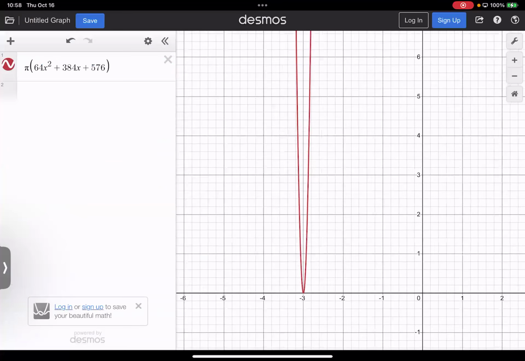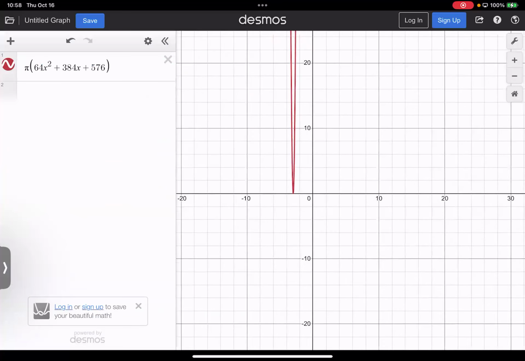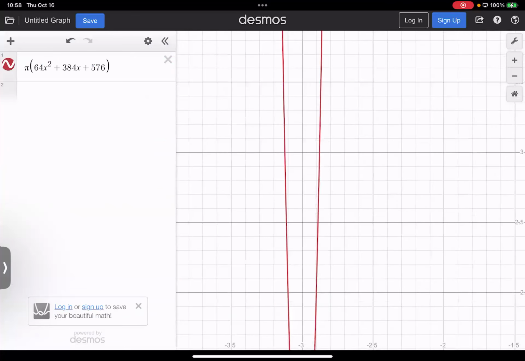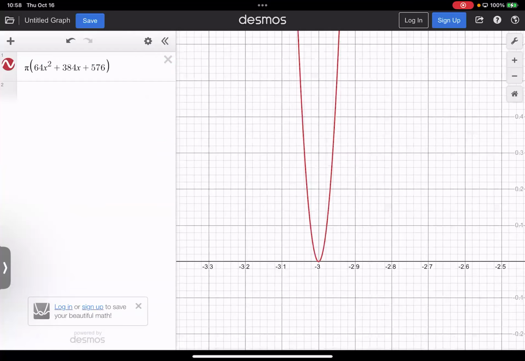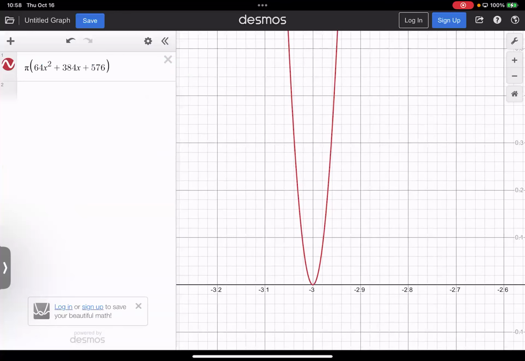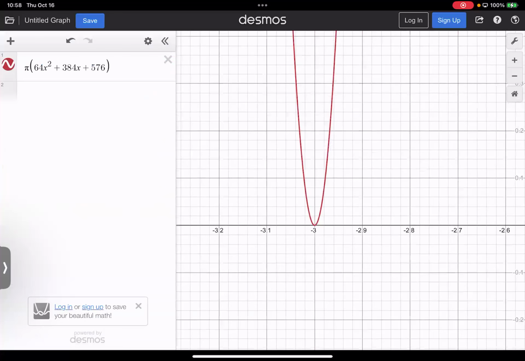Well, what do you know? You can zoom this out, but it's just going to be a parabola. Right? So that's nice. Looks complicated, but you know what the overall shape is going to look like.